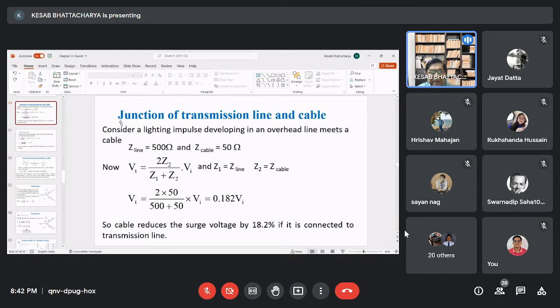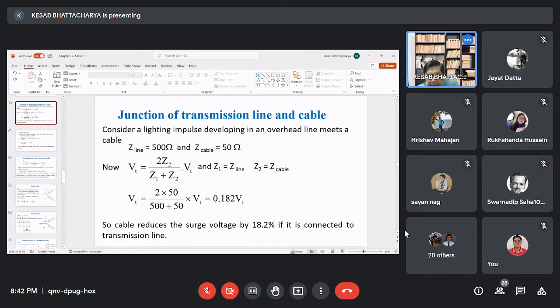Now let us consider the case of junction of a transmission line and a cable. Consider a lightning impulse developing in an overhead transmission line meets a cable. Let us consider the surge impedance of the line as 500 ohm and that of the cable to be 50 ohm. Now we know this is the expression for transmitted voltage: Vt is equal to 2 into Z2 by (Z1 plus Z2) into Vi, and Z1 is equal to Z line, Z2 is equal to Z cable.